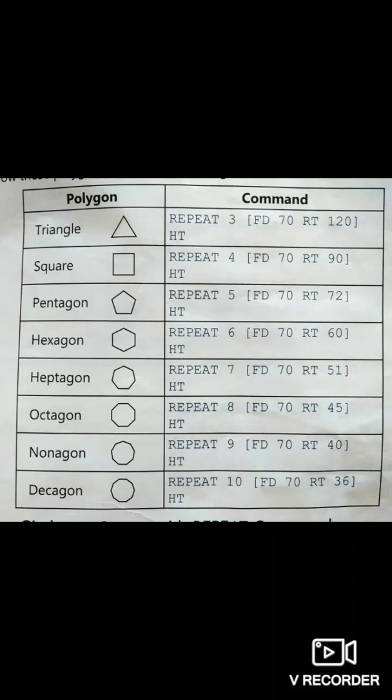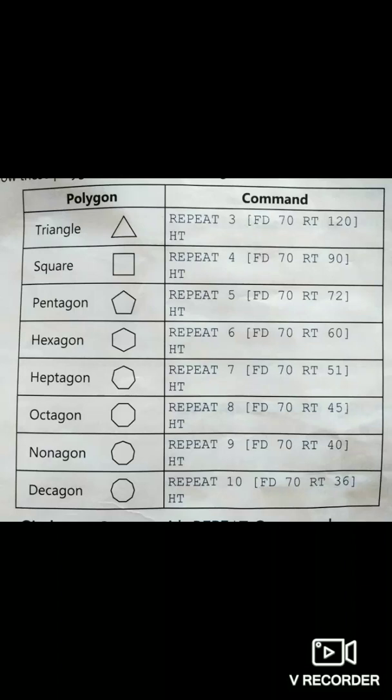Like for the triangle, you have to give the command repeat 3, because we know there are 3 sides in a triangle. A pentagon has 5 sides, so for writing the Logo command for a pentagon, what do you write? Repeat 5.